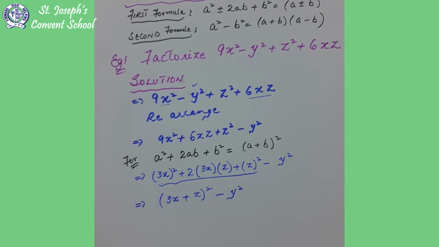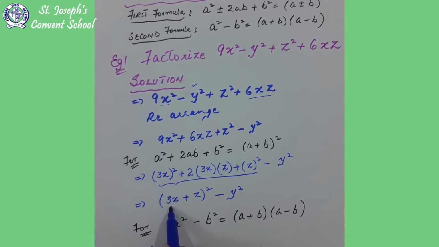Now we will apply the next formula: a square minus b square equals a plus b and a minus b. Now we'll compare the question with this.